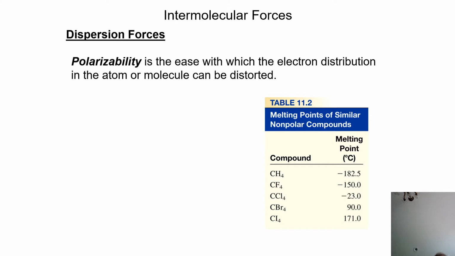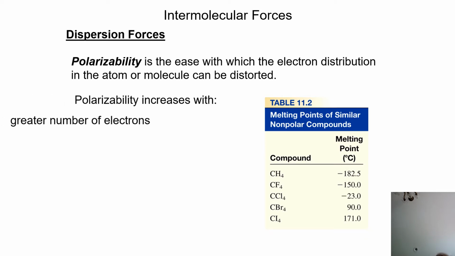Polarizability. So this is a measure essentially of how easily the electron distribution can be distorted in an atom or a molecule. And basically that depends upon size. For one, it increases with an increasing number of electrons. So as we're adding electrons, we're also adding protons and neutrons, obviously.